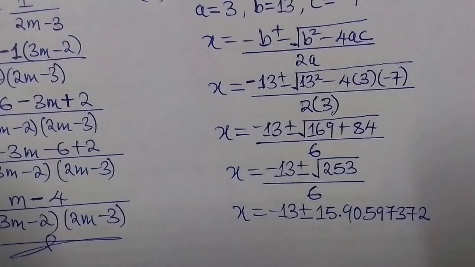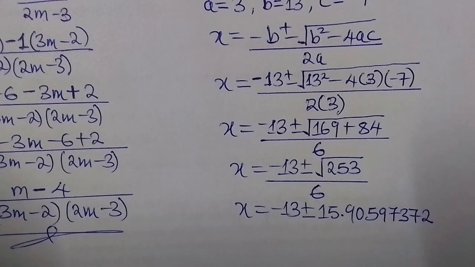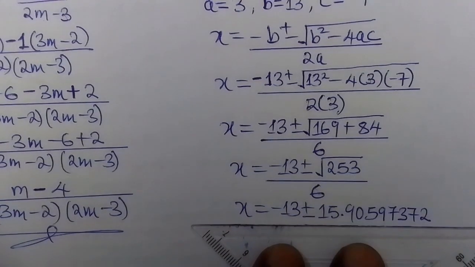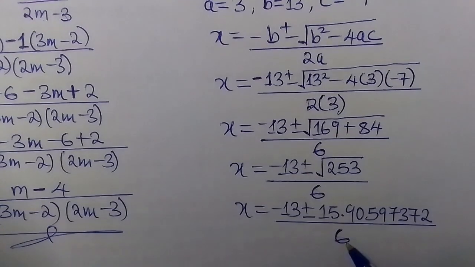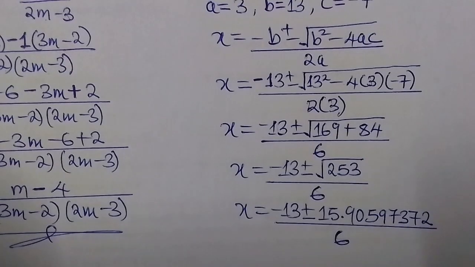So everything dividing by 6. Here we cannot divide 6 into any of these numbers. So first of all, we need to add and subtract. We are going to first add -13 plus 15.90597372 and also subtract -13 minus 15.90597372, and then divide later on.